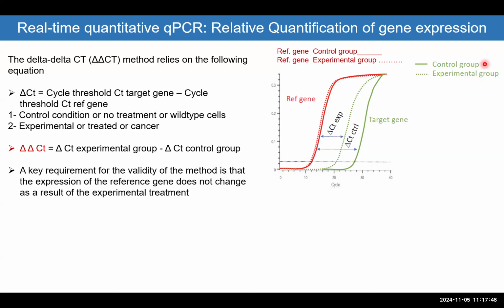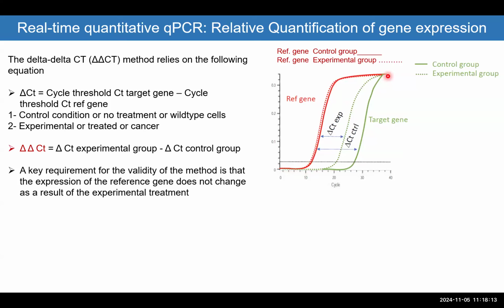So you have a control condition and an experimental group. In principle, the reference gene, or the housekeeping gene, or the control gene, should not be different between the control condition and the experimental condition. So S16 and GAPDH should not change, and that's why they come together at the same time. Okay?